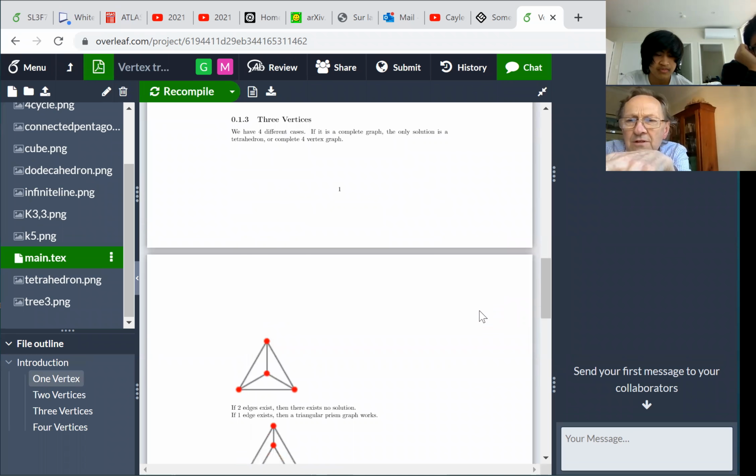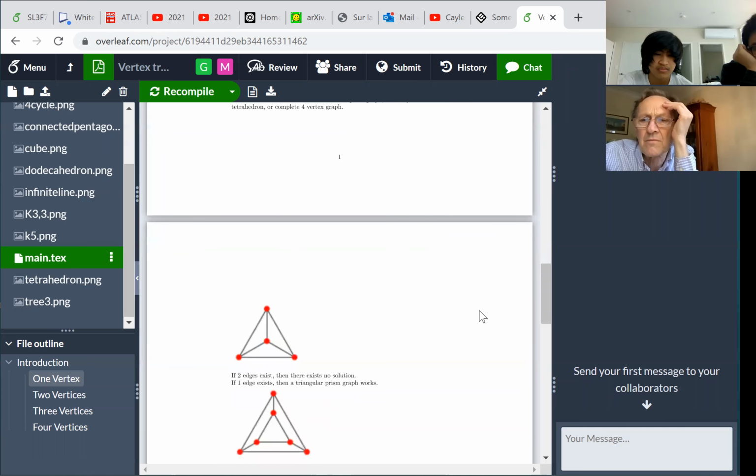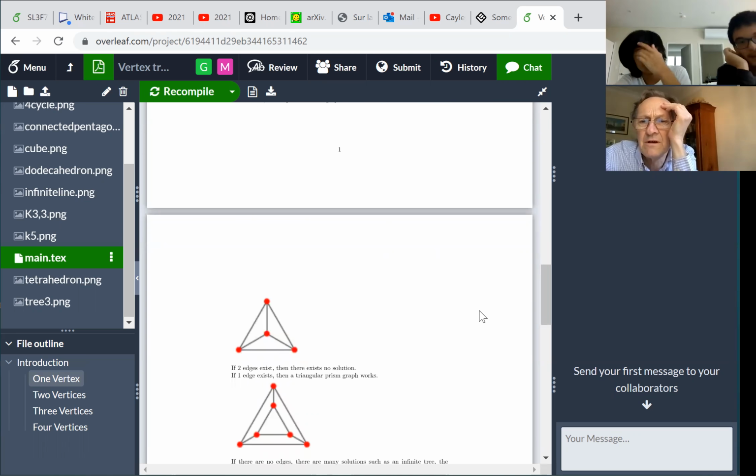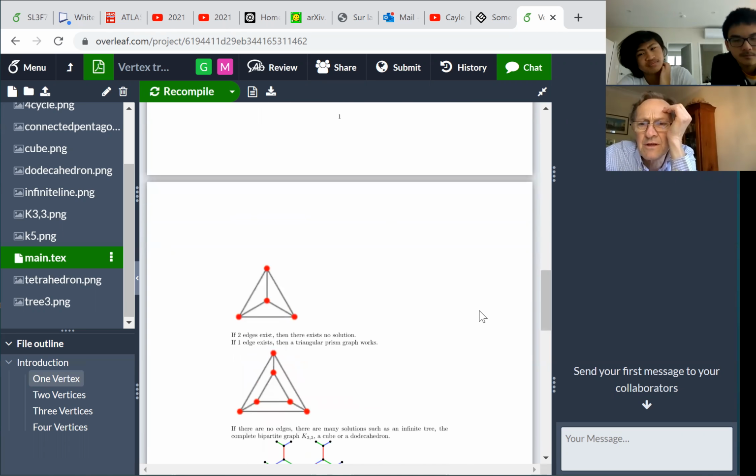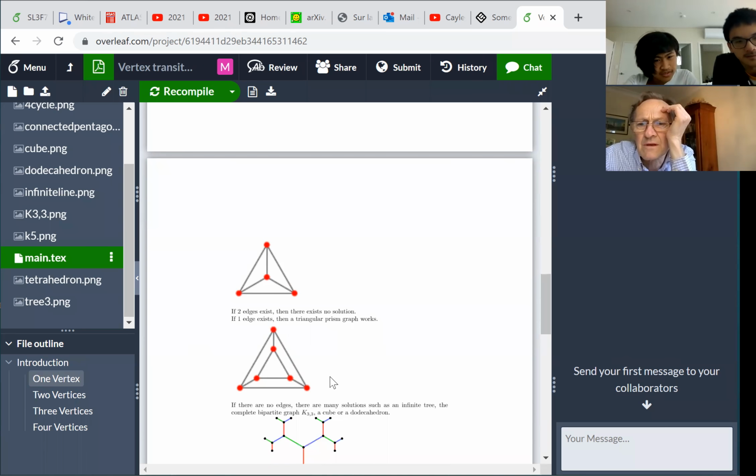Now three vertices. You start with a complete graph, then you get the tetrahedron. Right, and then if you start with three vertices and two edges, one edge, you get that.